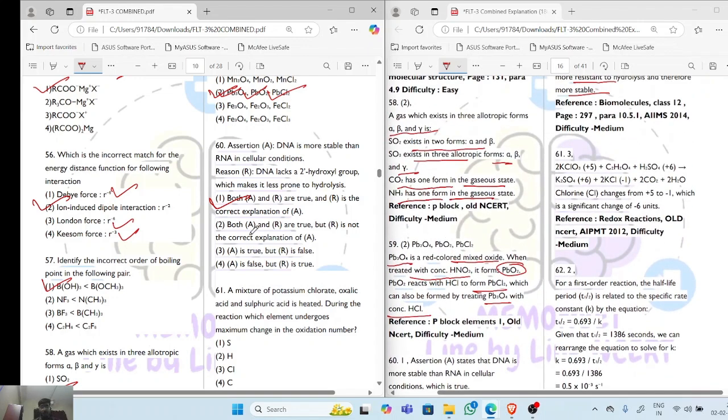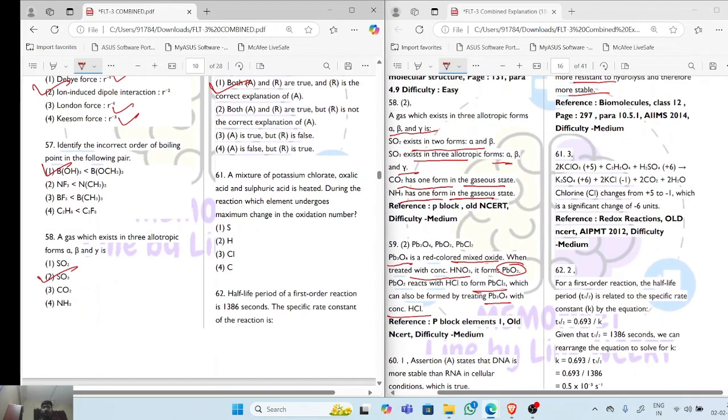Now comes question number 61. A mixture of potassium chlorate, oxalic acid, and sulfuric acid is heated. During the reaction, which element undergoes maximum change in the oxidation number?